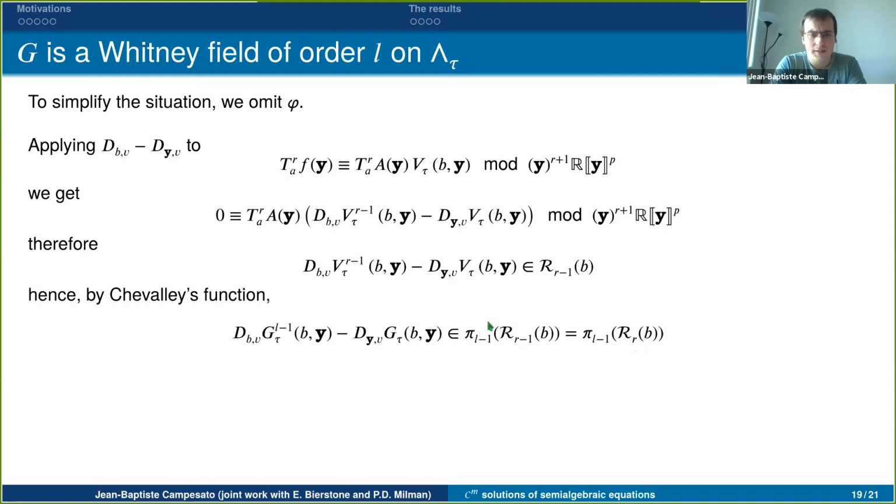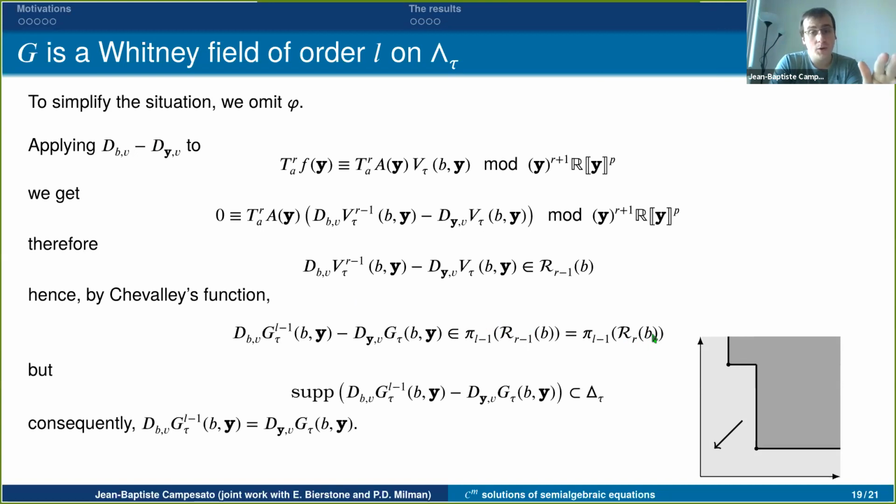So let me summarize where we are. We applied this operator to the field we constructed, and we see that it comes from an element which is in the module of relation up to order R. But we also know that by construction, it comes from a remainder. So the support of G is in the complement of the diagram, in the light gray area.